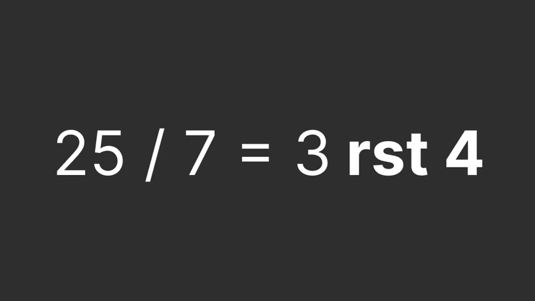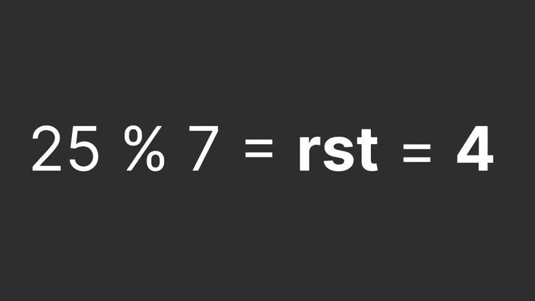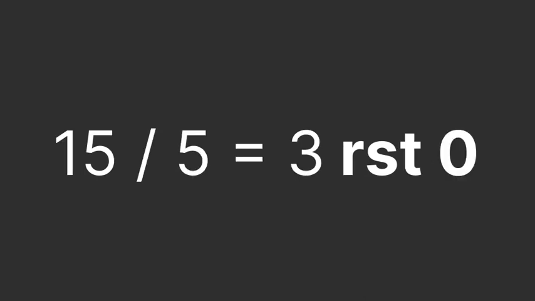What this means is that 7 fits in 25 3 times, and what remains is 4. So when we have 25 modulo 7, that equals the rest, and in this case that equals 4. Another example, 15 divided by 5 equals 3, and 15 modulo 5 equals 0.